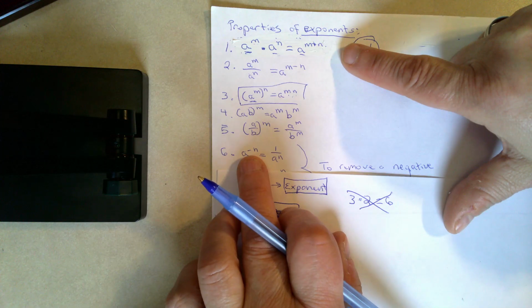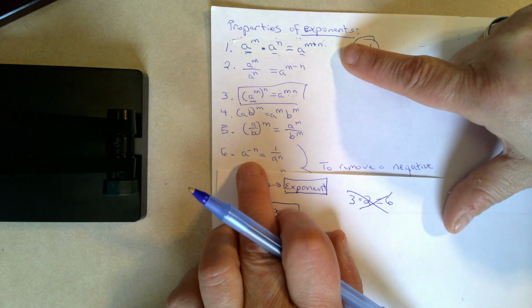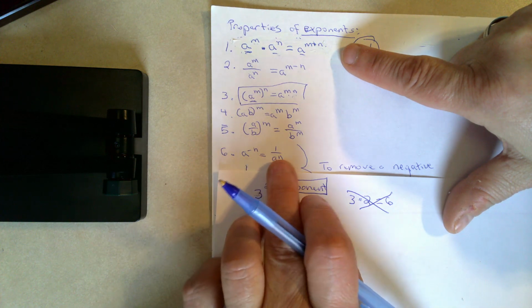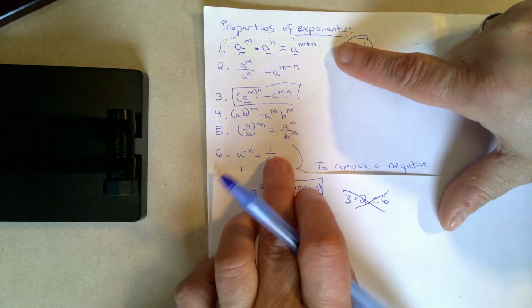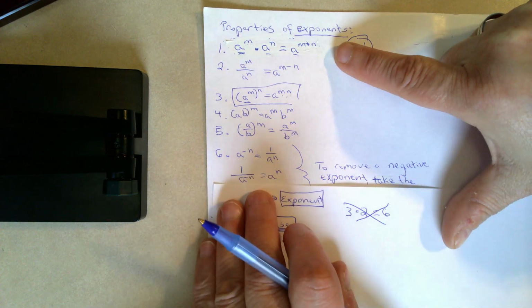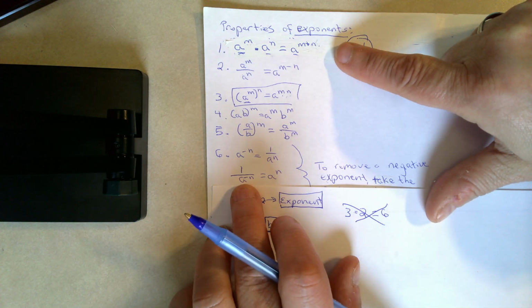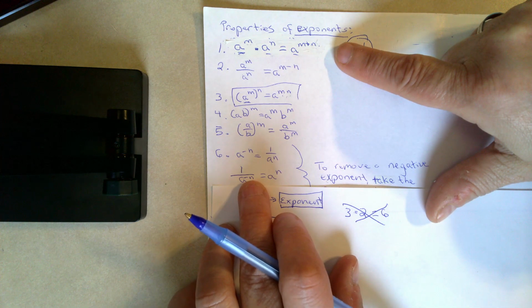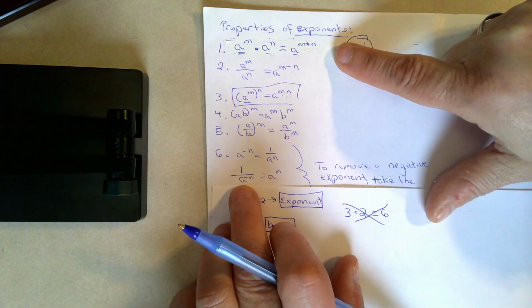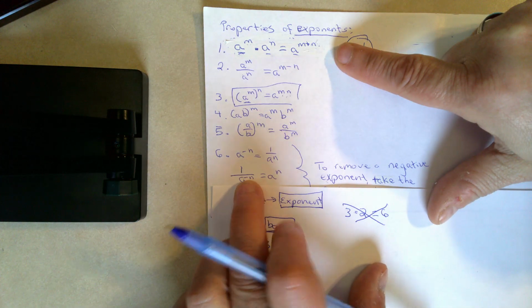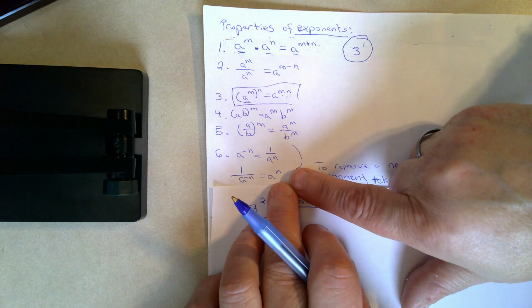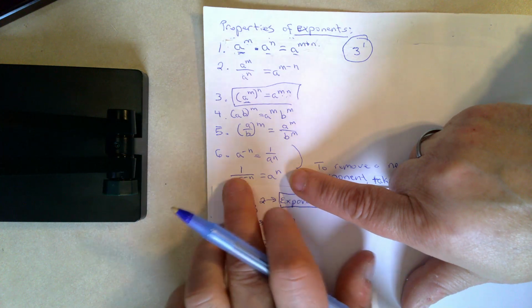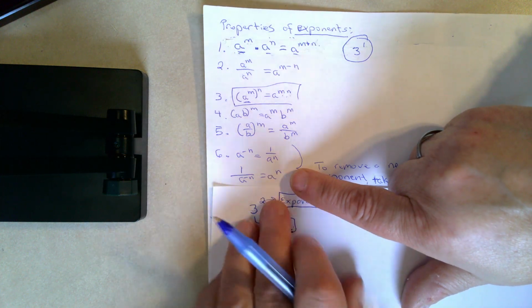So if I have a whole number to a negative exponent, that means make it the denominator of a fraction with that same positive exponent. What if you have it to a negative exponent, but it's already in the denominator? Then you just take the reciprocal, flip it over, and it's in the numerator.